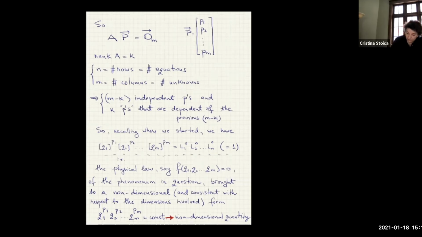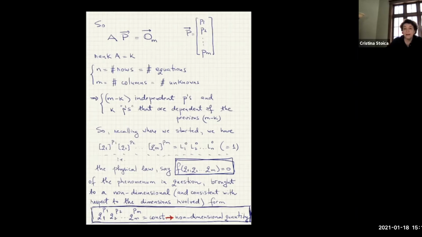But basically what we're saying is that this equation that describes the phenomenon that we don't know, with the choices of the solutions of the linear system, leads to non-dimensional quantities that, when combined, describe our phenomenon. So now the question is how many non-dimensional quantities we have in the business. It's how many linearly independent solutions we have in the system.